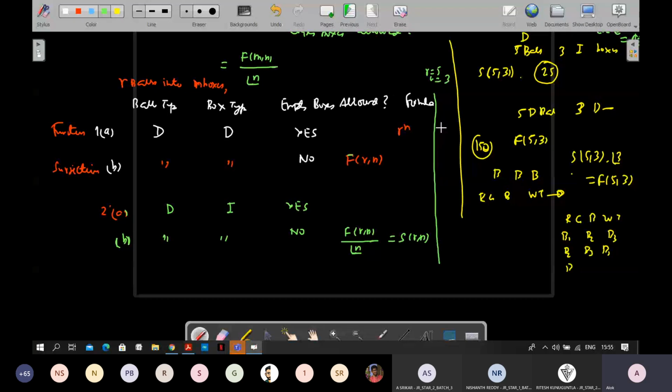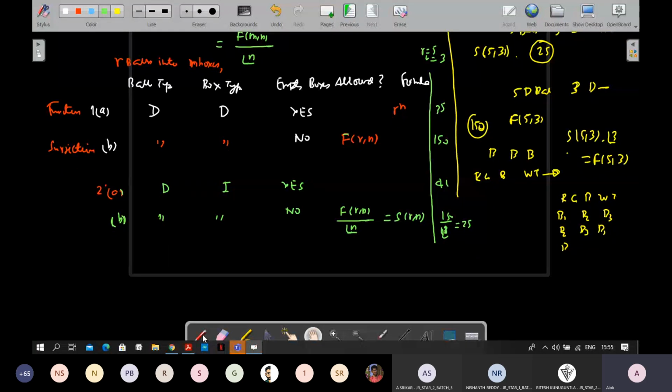We got this number to be 3 to the power 5, 243. This number was 150, and from it I got 150 by 3 factorial, that is 25. Now empty boxes are allowed, so I can use either 3 boxes, or 2 boxes, or 1 box. If you use all 3 boxes, then the answer will be F(R,N).